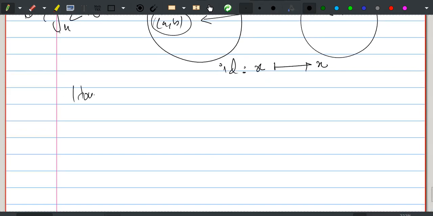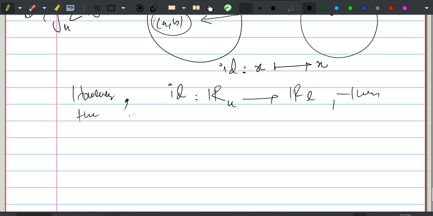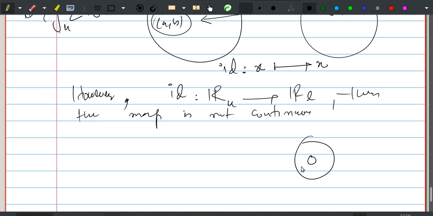However, if we look at the same function but interchange the topologies, I mean we go from the lower limit topology to the usual topology, then the map, which in this case is the identity function, is not continuous. Because we have R_U here and R_L here.